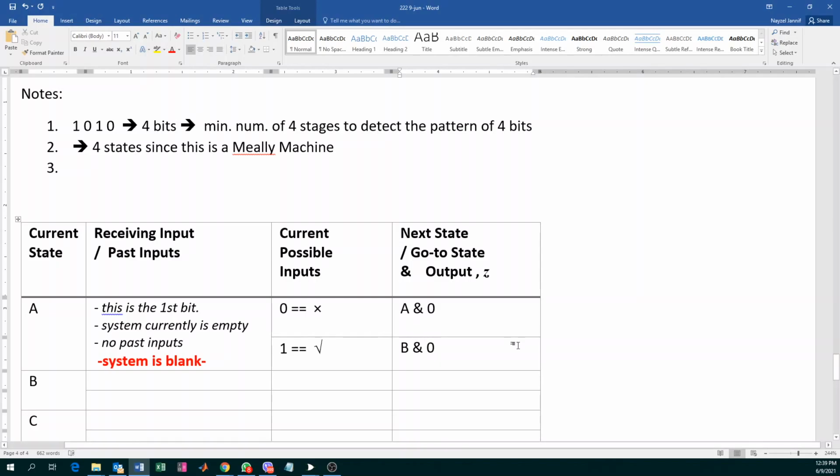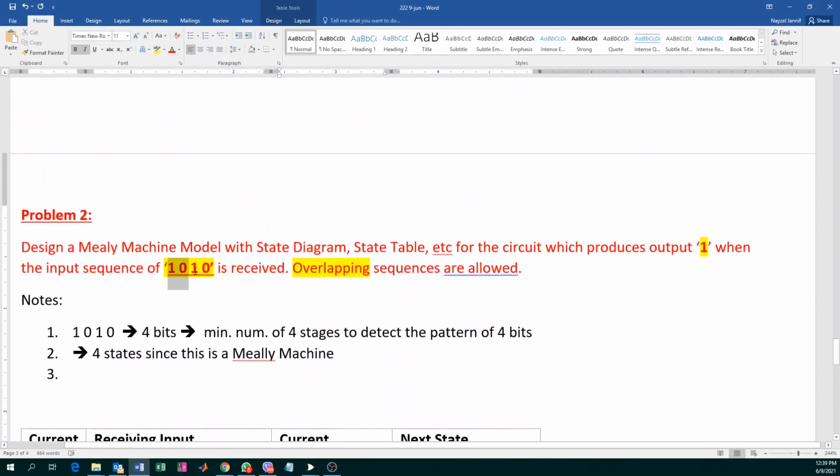And why did we give an output of 0, guys? Do you understand why I'm giving an output of 0? Well, because we have not achieved the 1 0 1 0. We've only achieved the number 1.